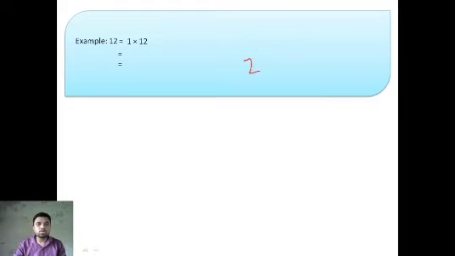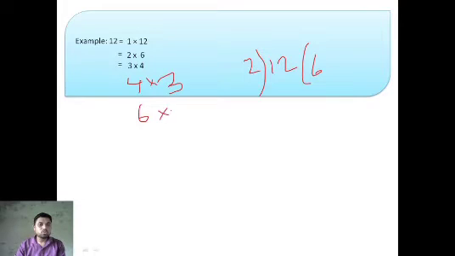By 2 can you divide 12? Yes, 6. Okay. By 3, yes, 3 into 4. By 4 can you divide? By 4, yes, because 4 into 3 is also 12. By 5, no. By 6, yes, 6 into 2.